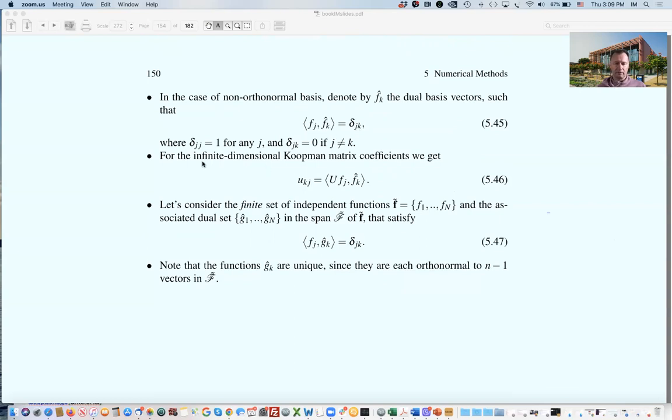So recall the infinite dimensional Koopman matrix coefficients should read U_kj is U f_j inner producted with the dual vector f_k hat. So you get these projections or coefficients by taking whatever function you're interested in, and if you want the projection on the kth basis element, then you need to take the dual vector and inner product it.